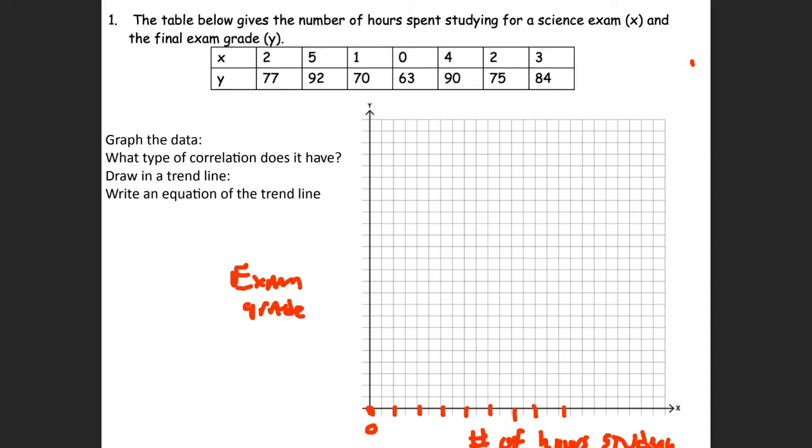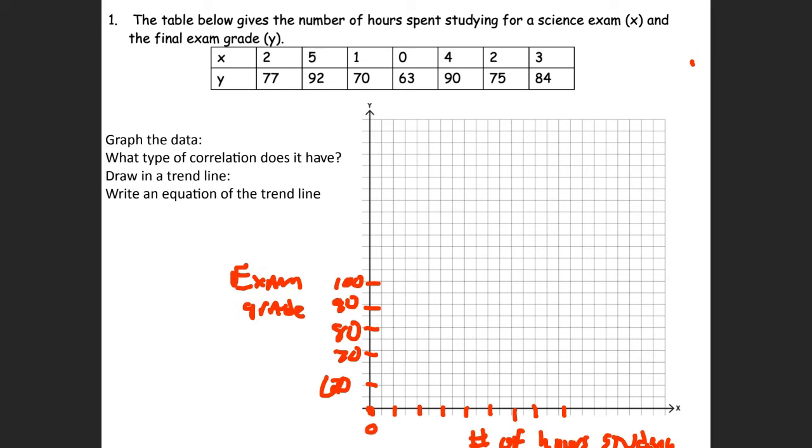And I might start down here with 70. What is the lowest? 60. So this might be 60 here. 70, 80, 90, 100. Okay. And then I'm just going to plot my points.